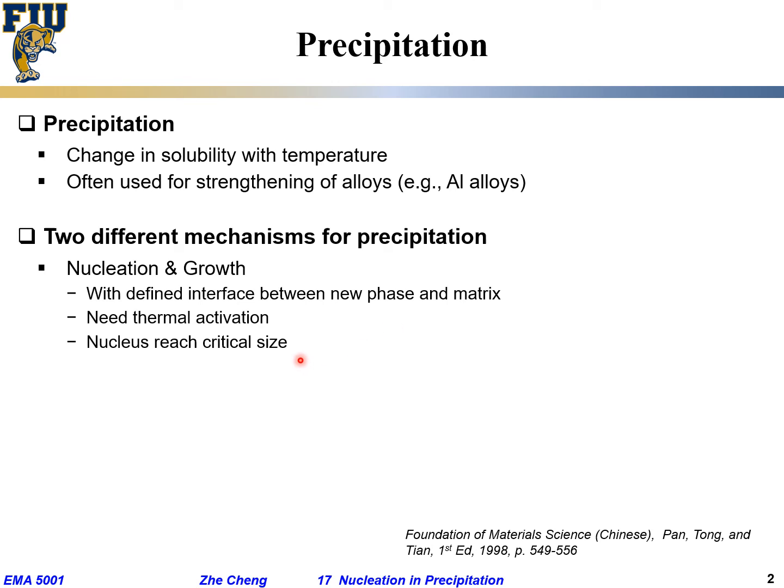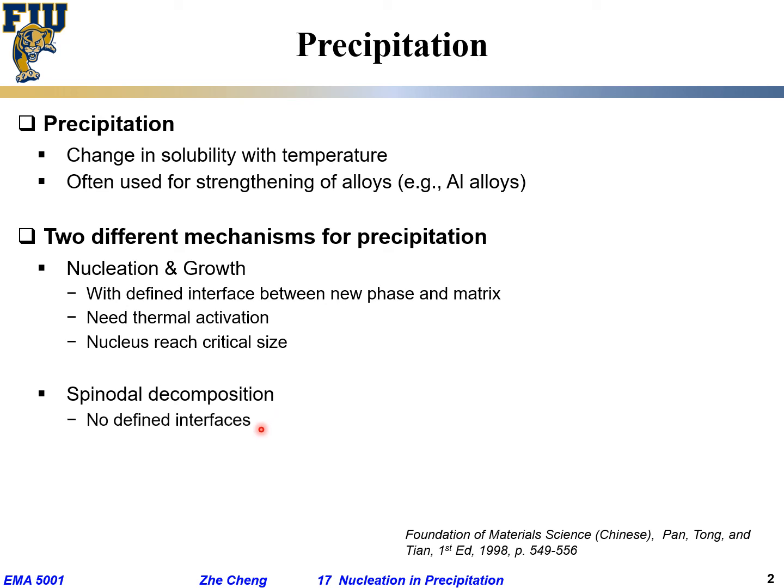The other mechanism, or the other route, for precipitation phase transformation to happen is through the so-called spinodal decomposition. Compared with nucleation and growth, spinodal decomposition is relatively rare, which means less common.